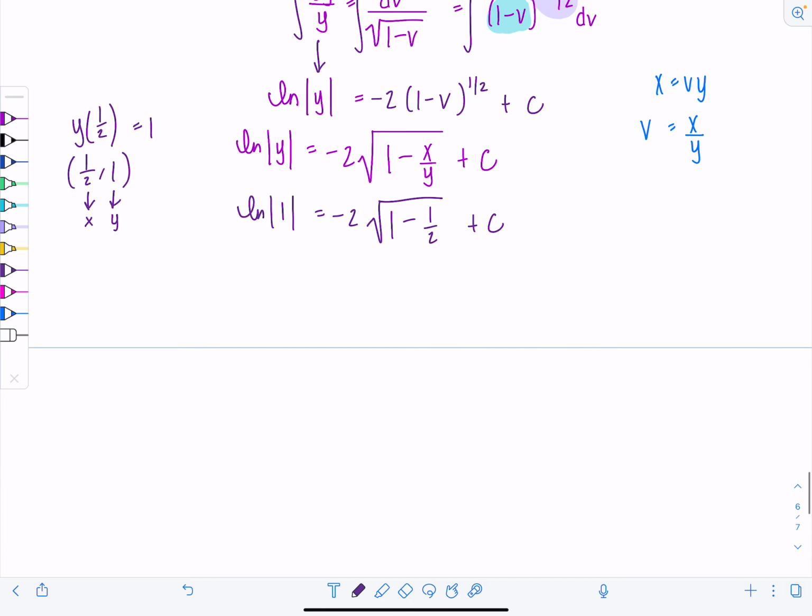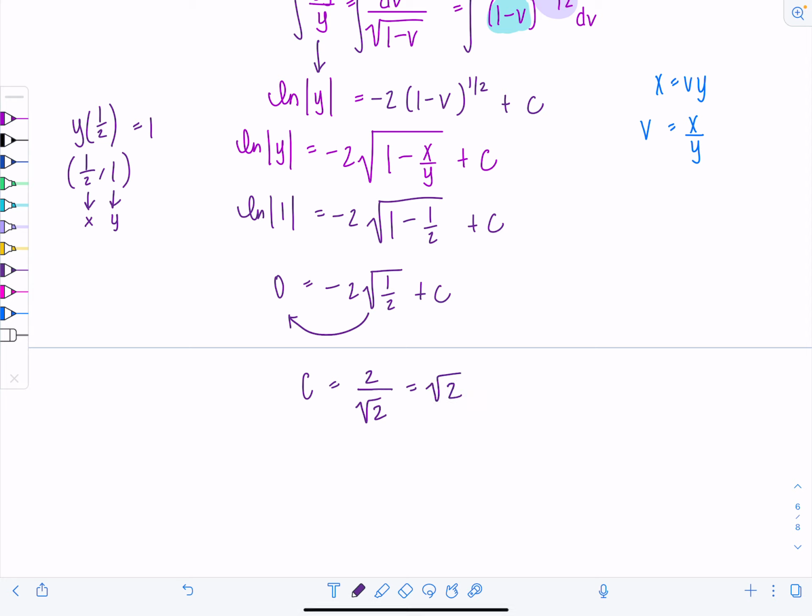Well, ln of 1, that's just 0, equals -2 times the square root of 1/2 plus c. Okay, so that means c equals, let me move this over to the other side, +2 rad 1/2, which is 1 over rad 2. 2 over rad 2 is just rad 2. So that's what c is.